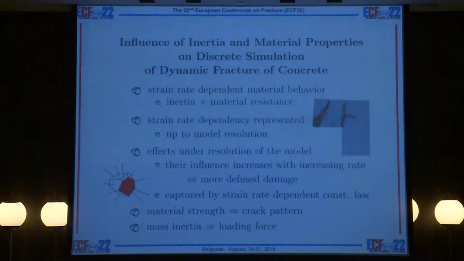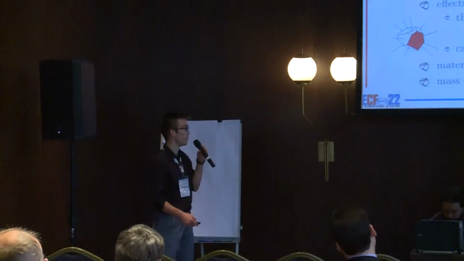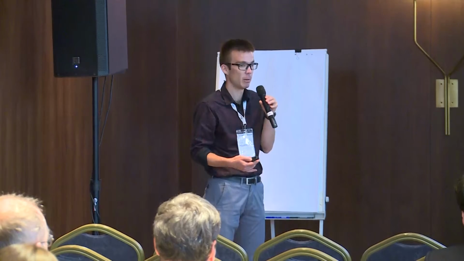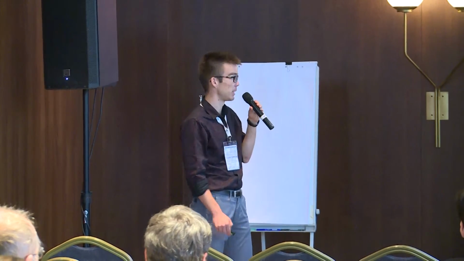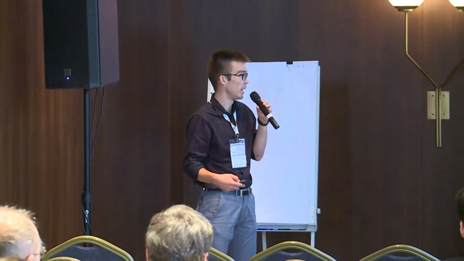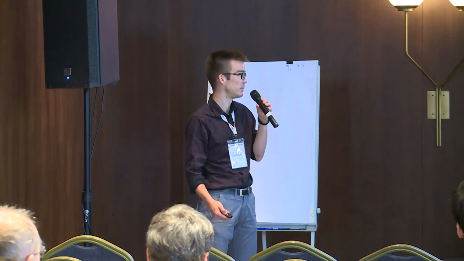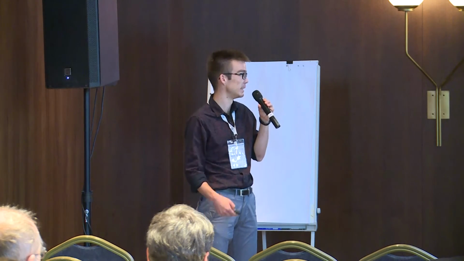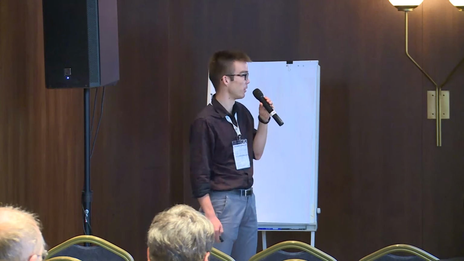Then this model is able to represent this kind of strain rate dependent behavior, but only up to the resolution of the material structure that is directly modeled. Any other things that are not captured by the resolution of the model need to be captured by constitutive law.